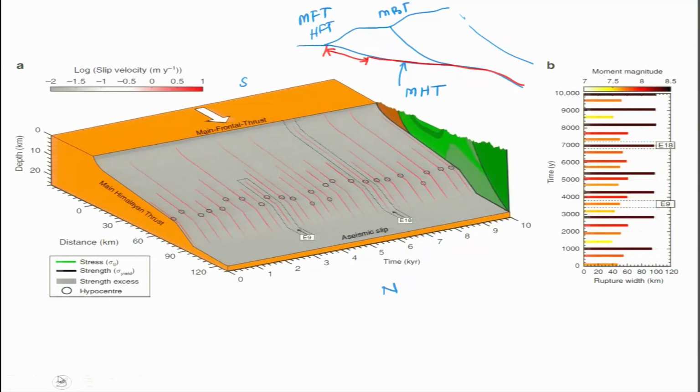This part which got ruptured was very similar to the earthquake which was triggered in 1833, and then we had 2015. This portion was ruptured, and they believe that this was ruptured in 1934. This is the Bihar, Nepal earthquake.